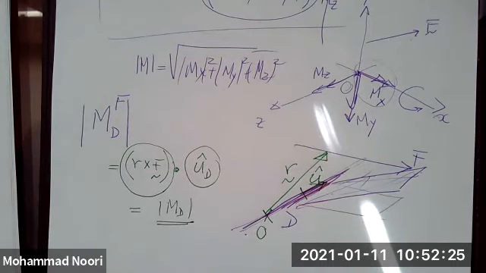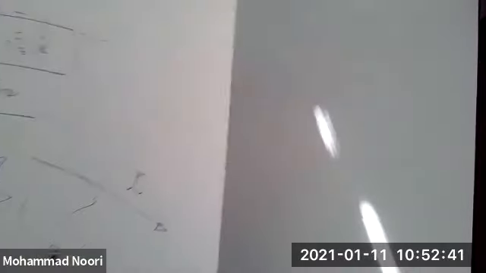So I went through the mathematical formulation for finding the moment about a point and about an axis, but to fully demonstrate that, and to make your job easier, let me go ahead with some examples, okay?